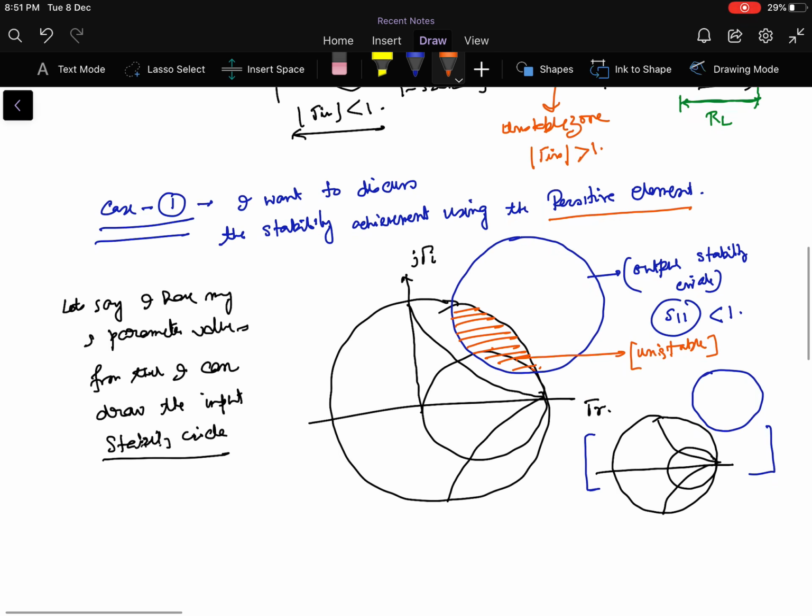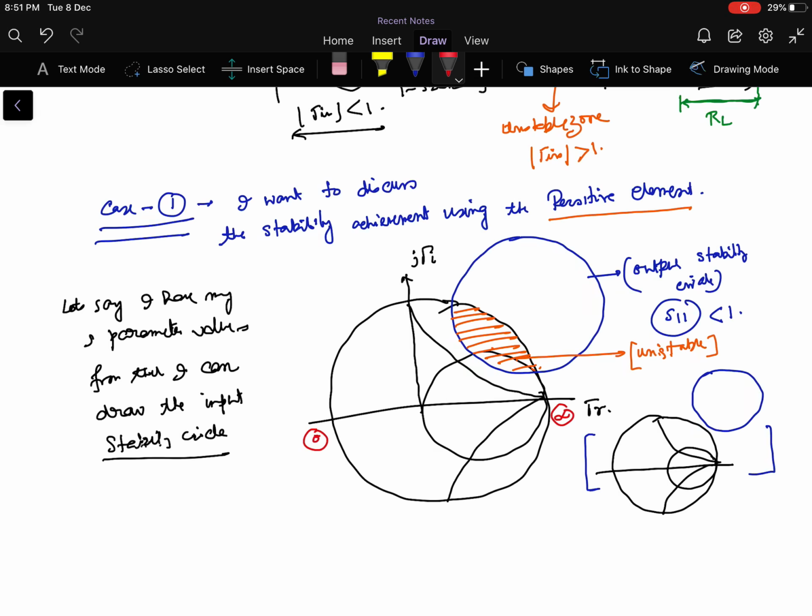Now how is the resistive element helping me do it? See, in this output stability circle, I know that my resistance is here, it is a Z Smith chart, so it is 0 here and it is infinity here.